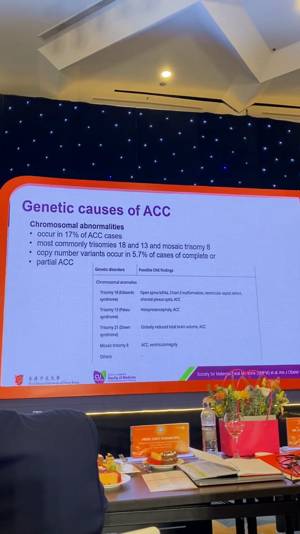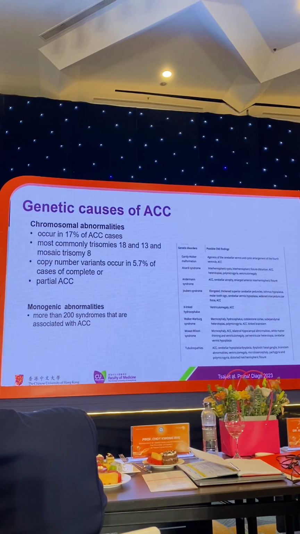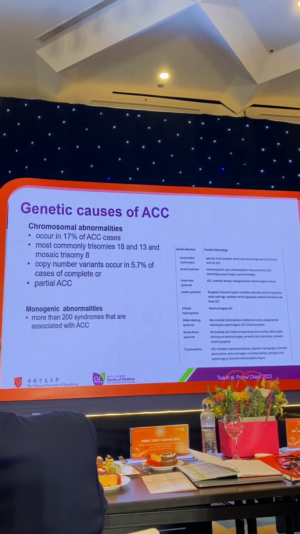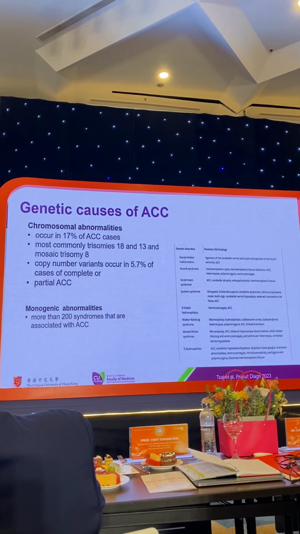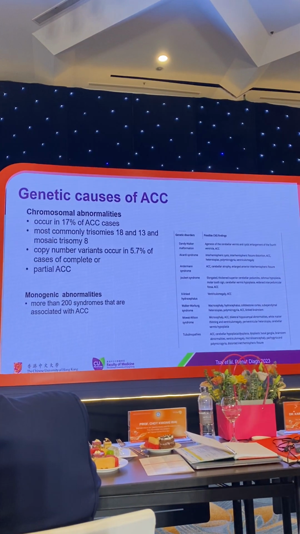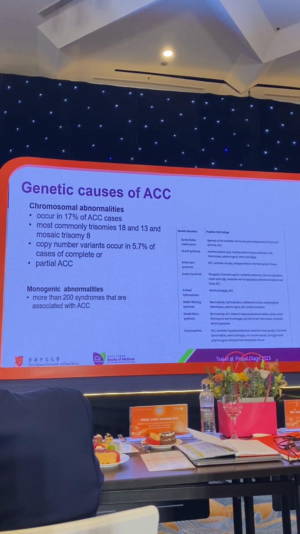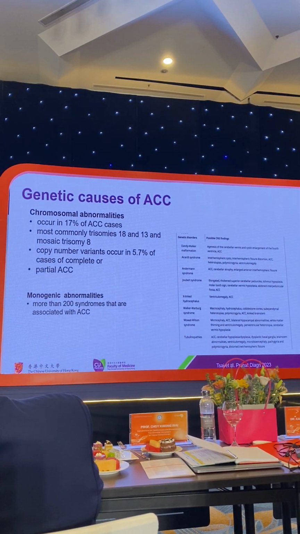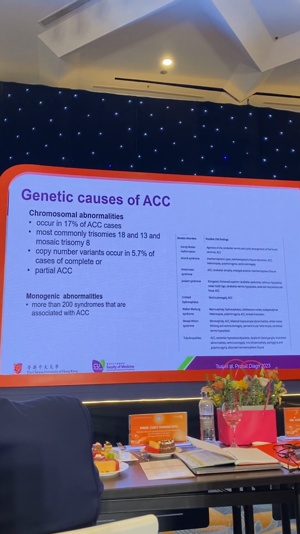And I also mentioned that there are more than 200 monogenic diseases or conditions that we follow. Even this morning, Professor Mark Cuby was able to present regarding the gene list and the conditions. So when we do NIPT, actually we are only looking at the tip of the iceberg.